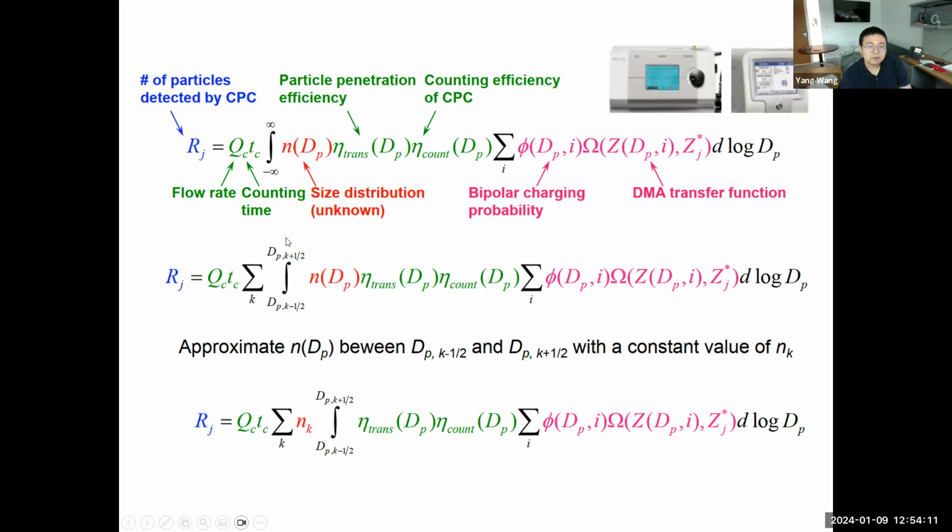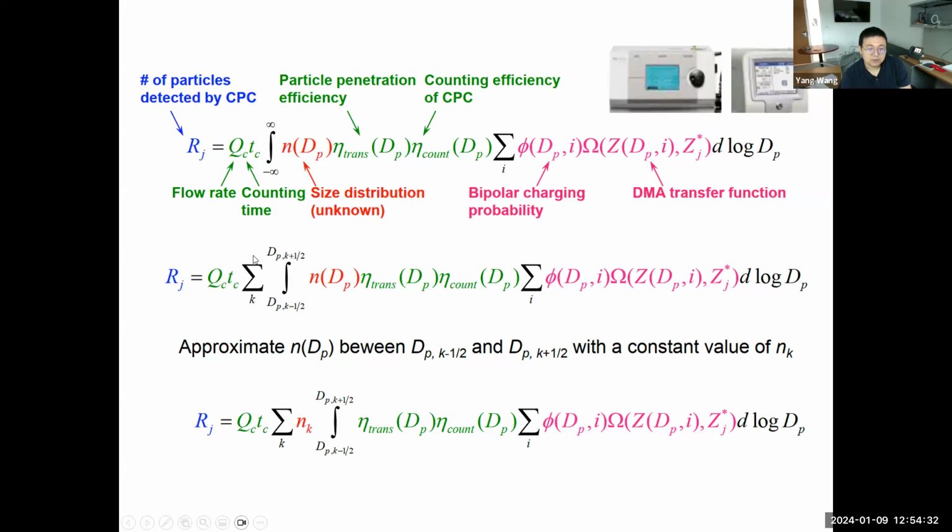So this involves the process of how to invert this unknown size distribution based on all of these known parameters, although it's in the integral sign. So people have developed this data inversion algorithm, which is first to break down this integral into different size bins.